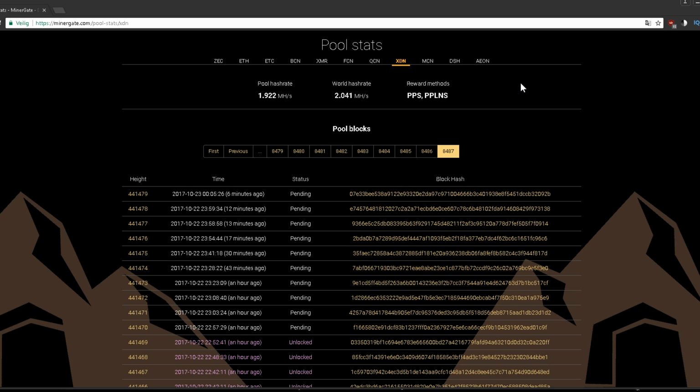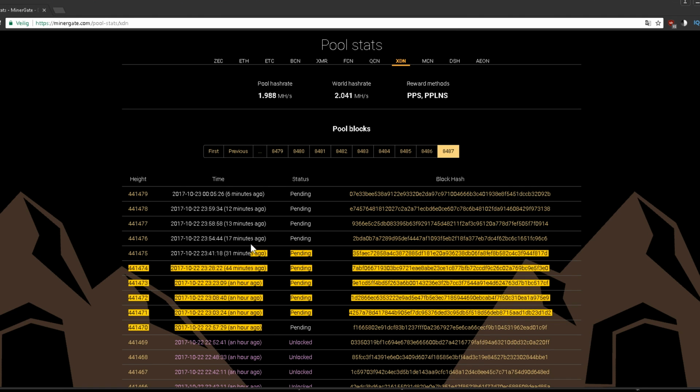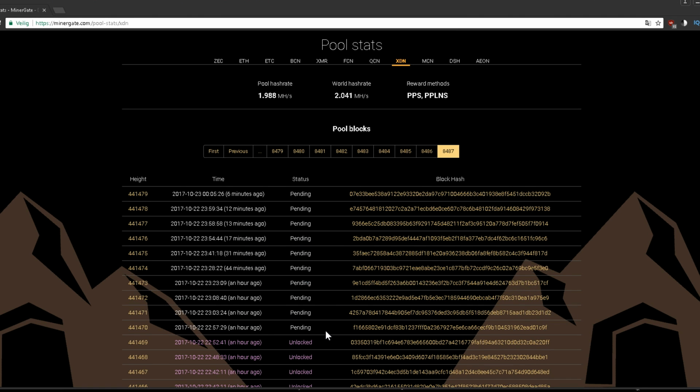However, you will get a reward really fast, and also your unconfirmed amounts will be adding up really fast, as you can see here, in minutes and hours. So all these blocks have been found.